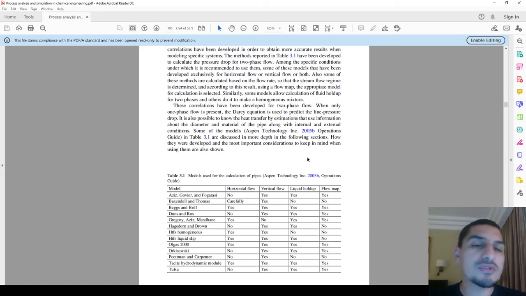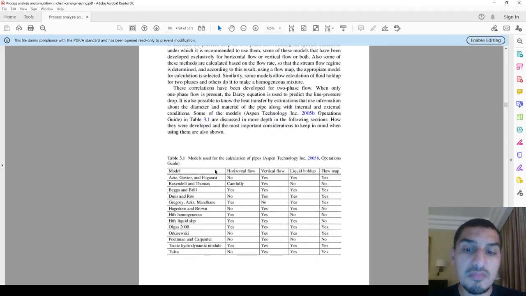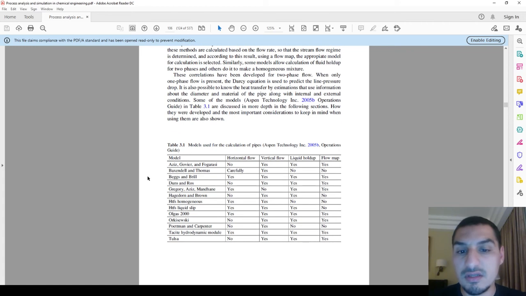Of course, the best way is to use the Navier-Stokes equation, but it is very difficult to use, especially if the system is complex. So you need to find one of the models available in Aspen Plus that is used for systems like the one you are interested in.